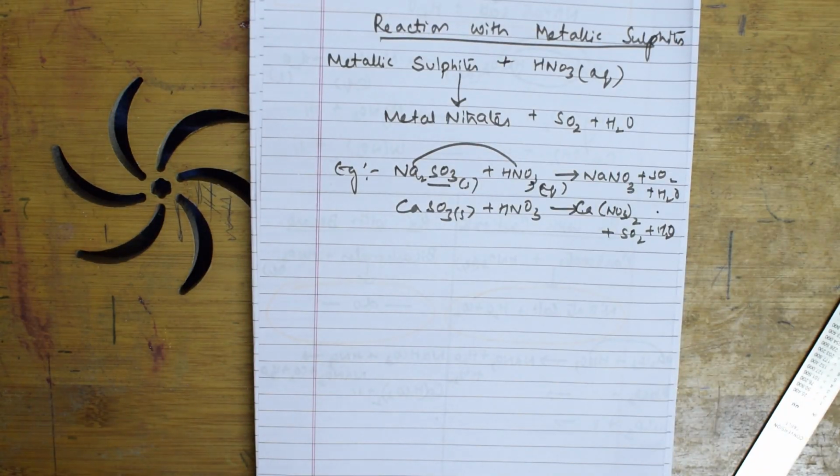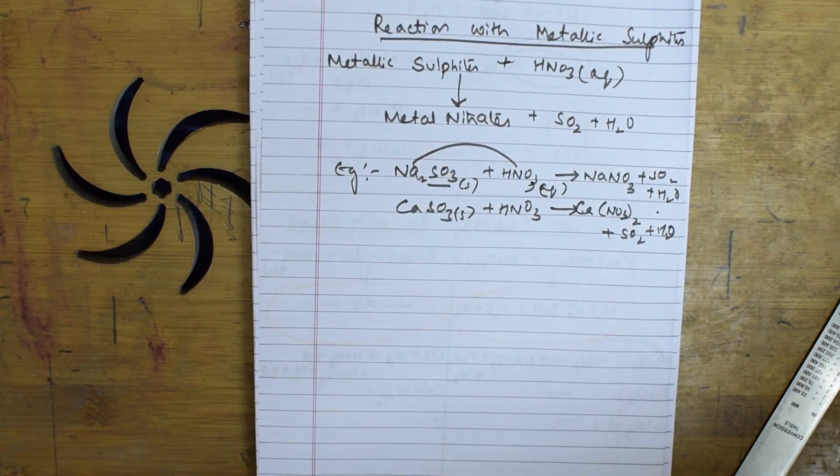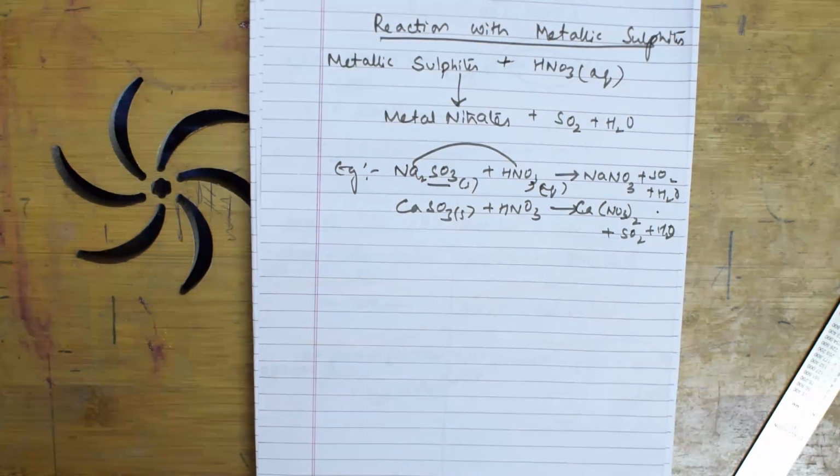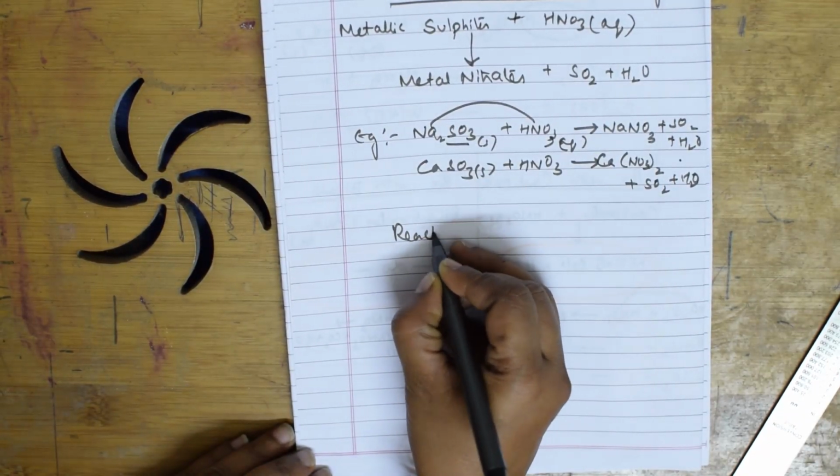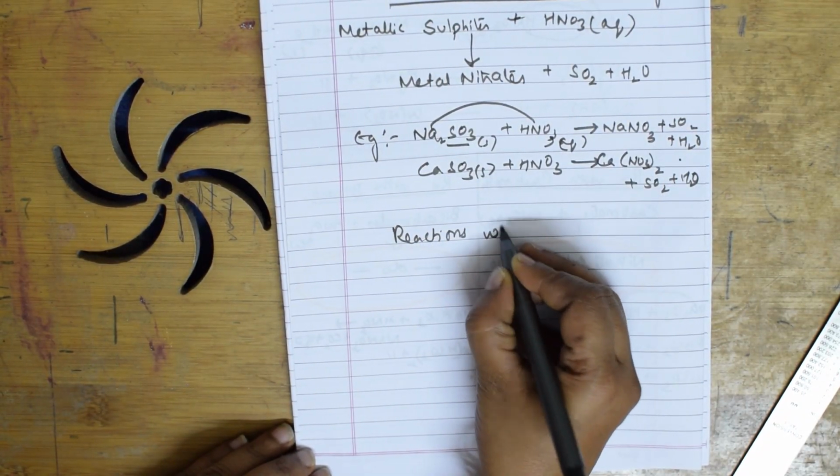Then we have seen reactions with hydroxides. Now, let us see the last reaction, that is reaction with non-metals. So basically we have written non-metals, and one more category is also there with oxides, that also sulfur dioxide, H2S, we'll see that. So in the next reaction, the last but not the least, reactions with non-metals.